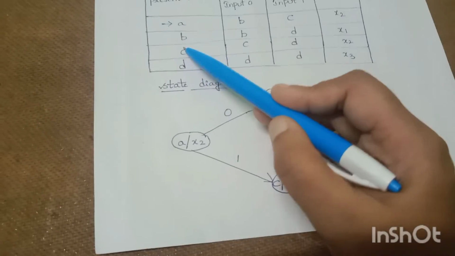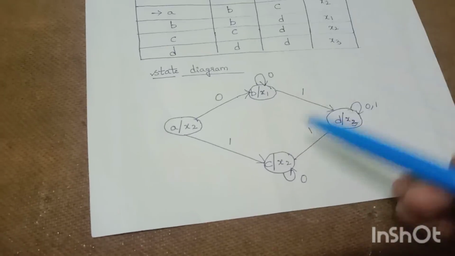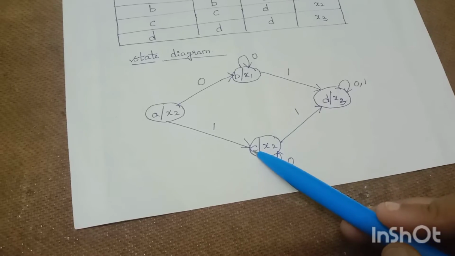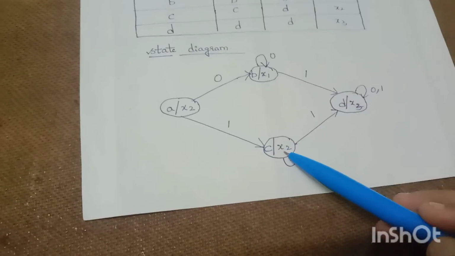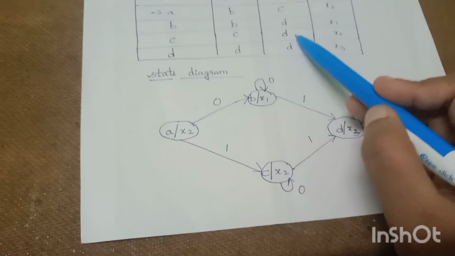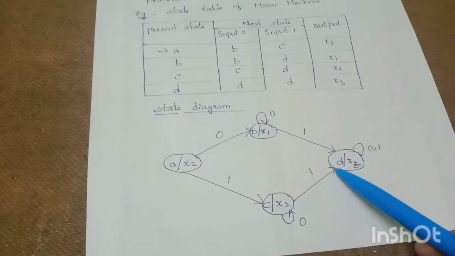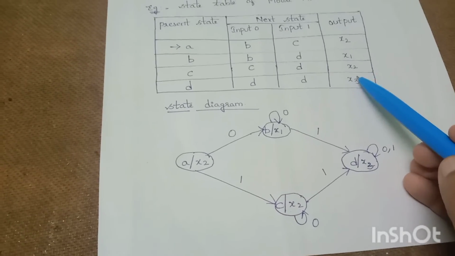Now C on taking input 0 reaches state C, and the output is x2. C on taking input 1 reaches state D, and the output is x3.